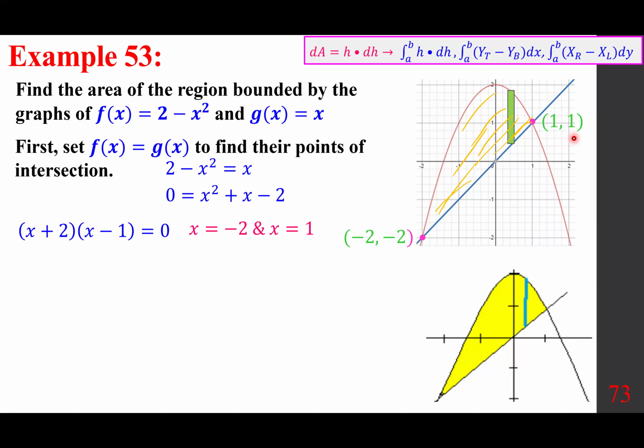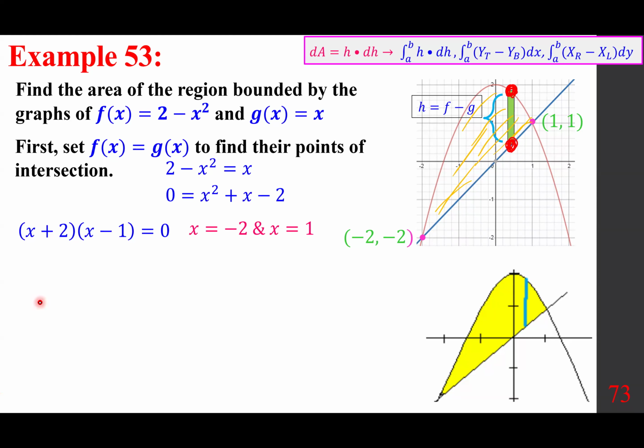And so this one is a typical rectangle which has the width. And if you look at this rectangle, how do you move it? You move it along the x-axis, this way and that way, left and right. So this creates the width of delta x. And the height is from here to here.